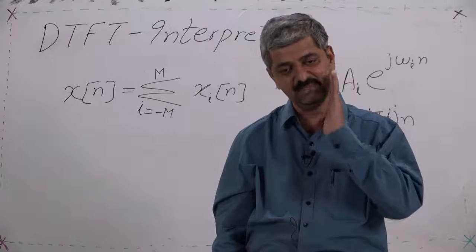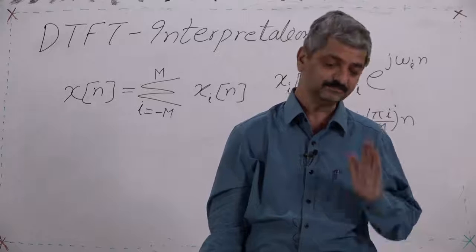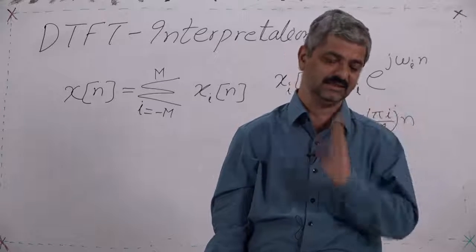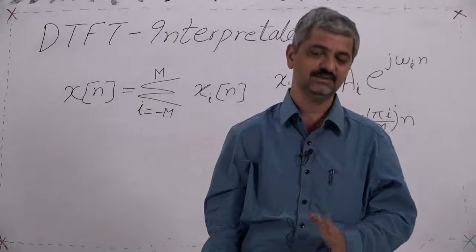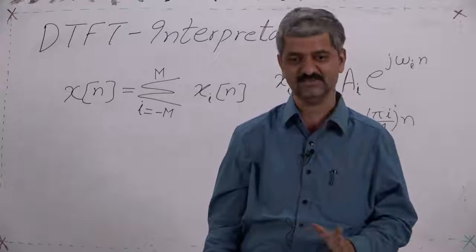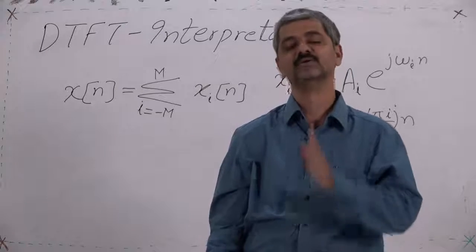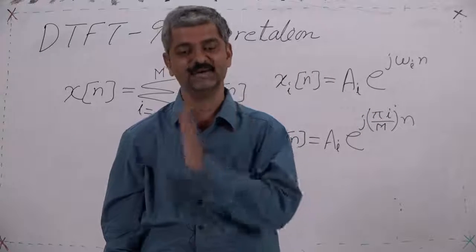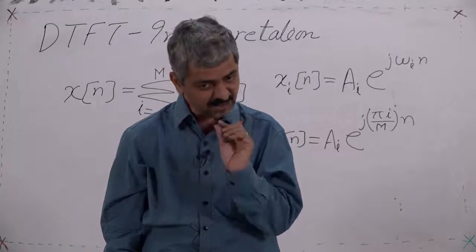So I want any given signal, any given sequence, to be thought of as comprised of multiple subsequences, each rotating at different speeds at regular intervals.